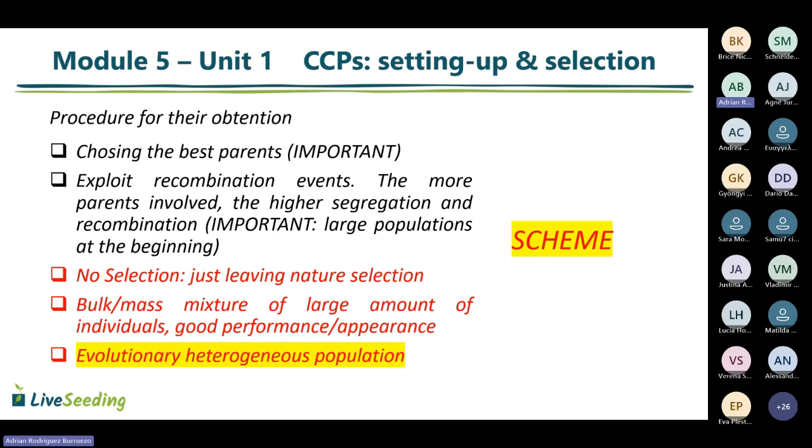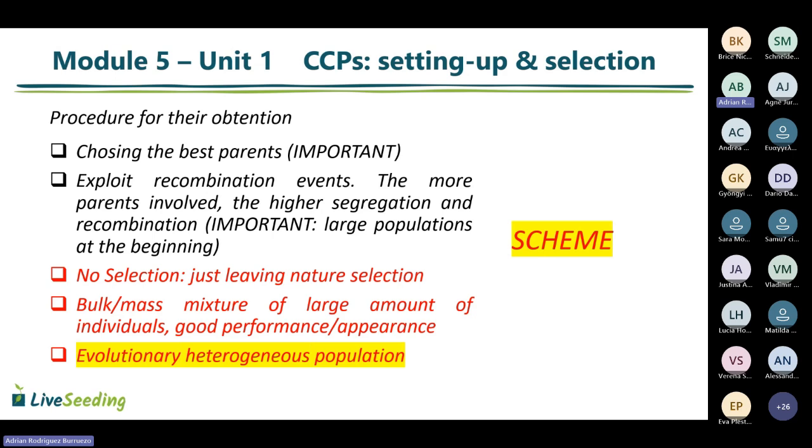But in this second alternative, you have the strategy of performing no selection, just leaving nature to do the work and performing just an easy selection, discarding the worst individuals but recovering the seed of most individuals which more or less perform properly. Okay? In this case, you leave natural selection to do the work and repeat the bulk mixture of the large, abundant individuals.